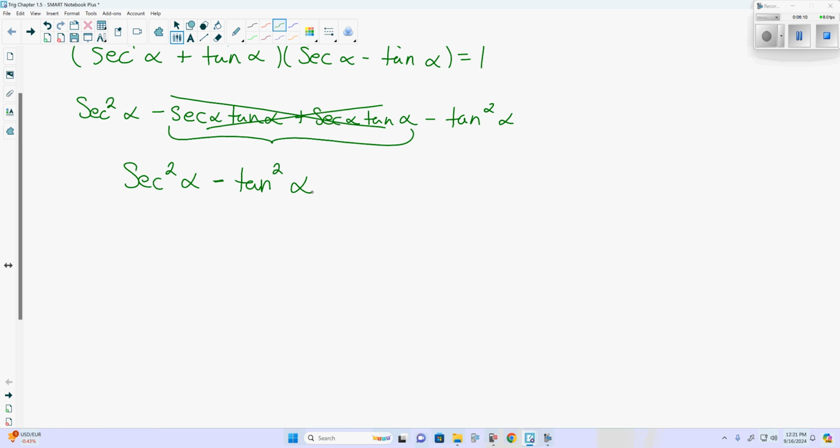Pythagorean identity. Yeah. Theta, alpha, it's just an angle. But the general form is we have 1 plus tangent squared is equal to secant squared. So that means I can replace secant squared with what? 1 plus tangent squared.